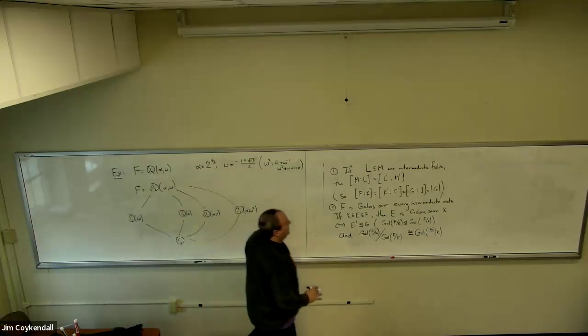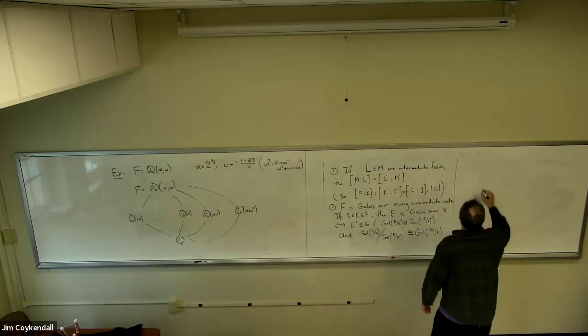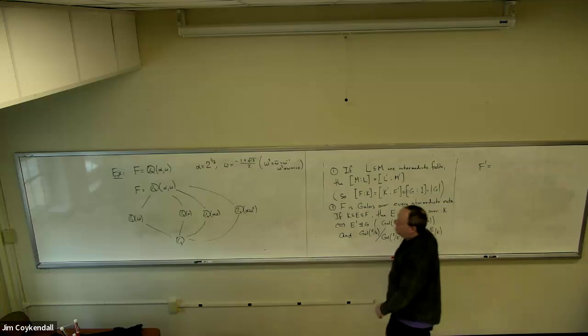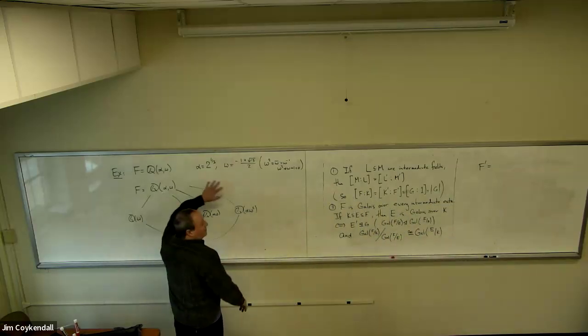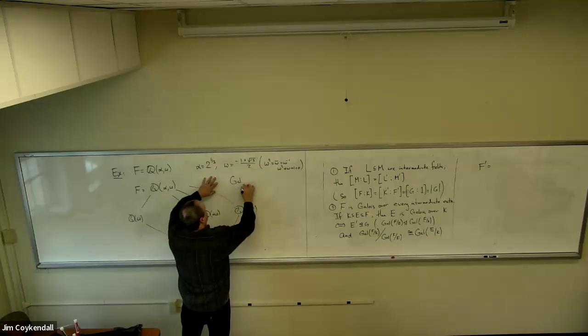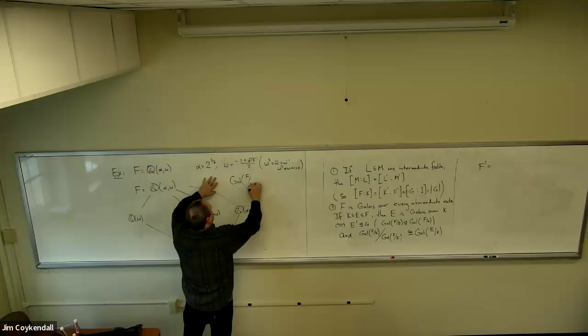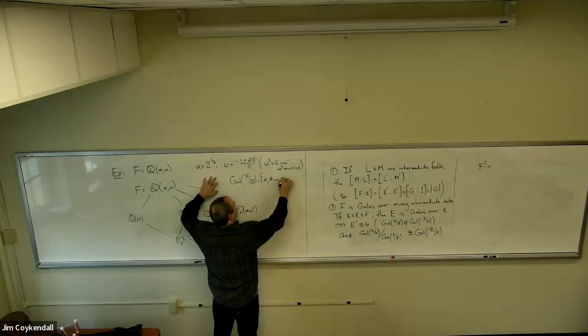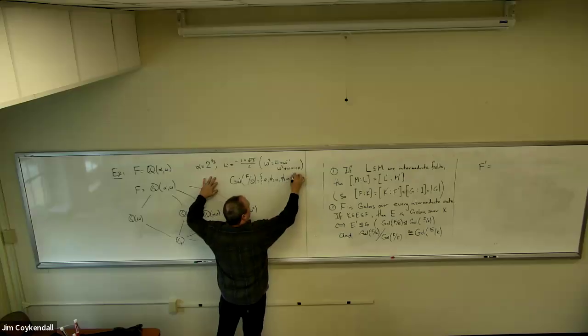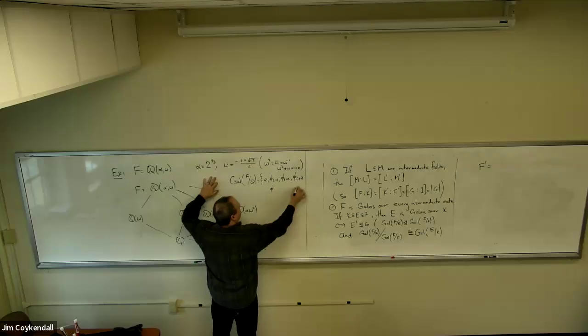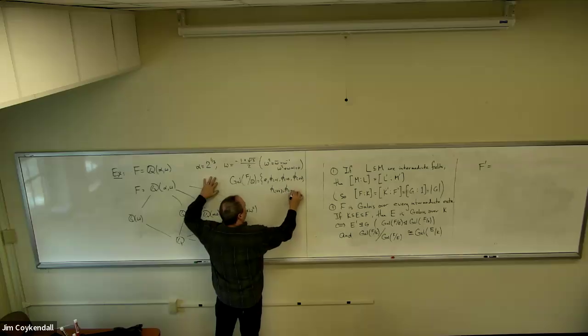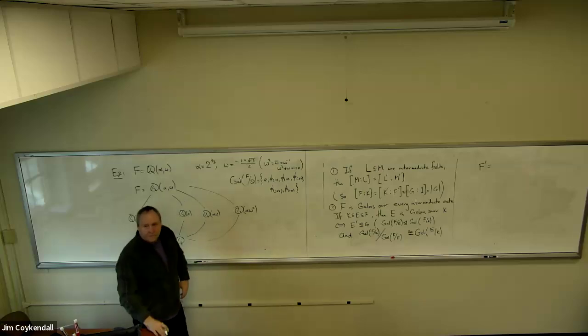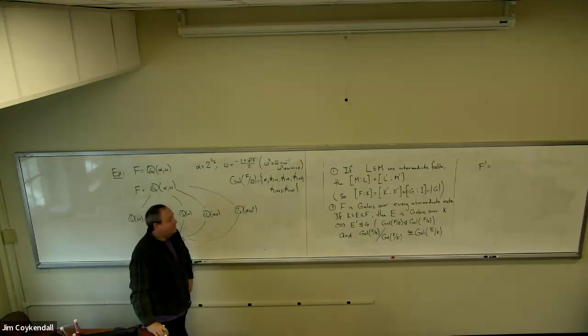So if I do the prime to this, and by the way, my Galois group here, going back to the example, F over Q, consists of the identity, sigma, phi of 2, 3, phi of 1, 2, 3, and phi of 1, 3, 2, like that. These are the ones from that table that we did.